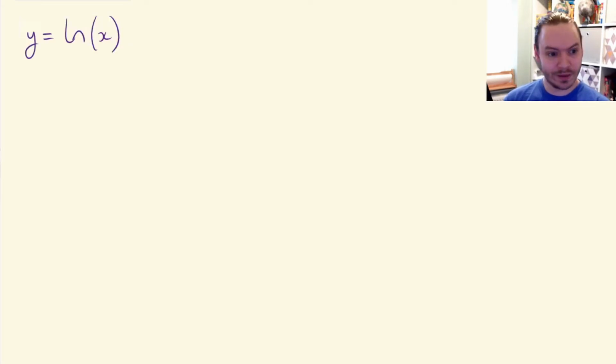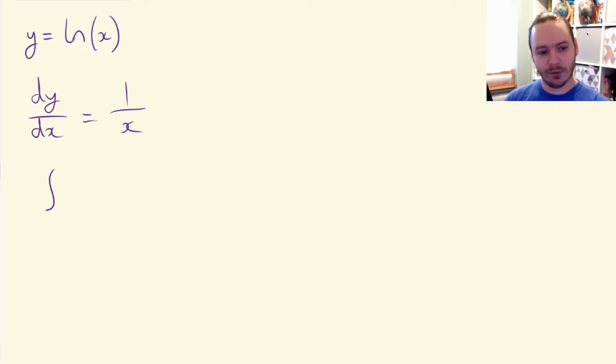Number 3 is the natural log function. And again, this is one of these standard things that we looked at when we were differentiating back in chapter 9. If I differentiate the natural log of x, I get 1 over x. Okay, standard function, that's just what happens. So if I want to integrate 1 over x with respect to x, what I get is natural log of the modulus of x plus some constant c.